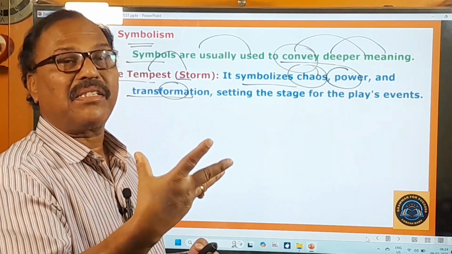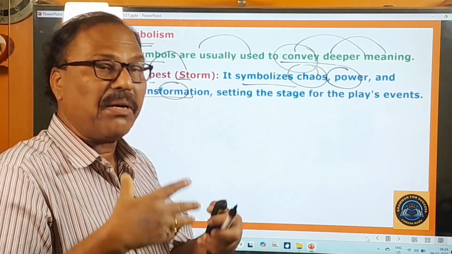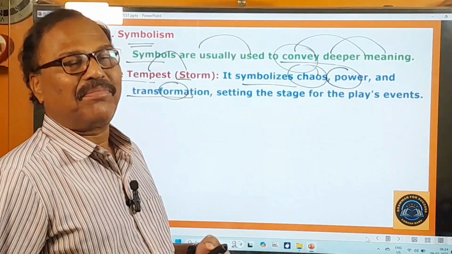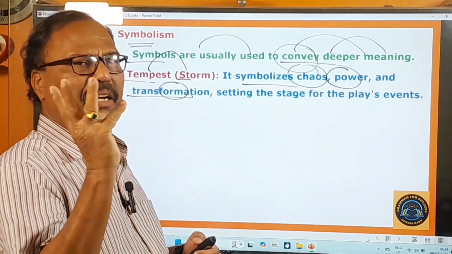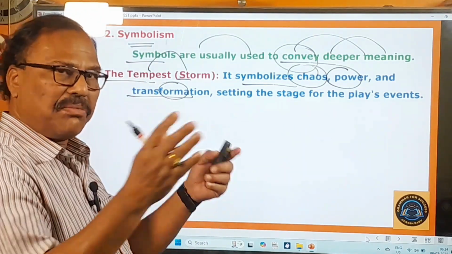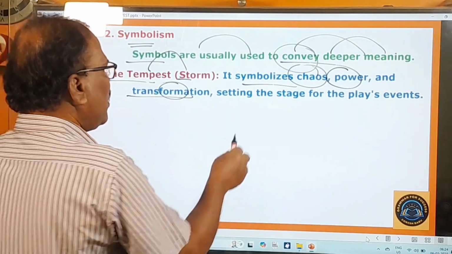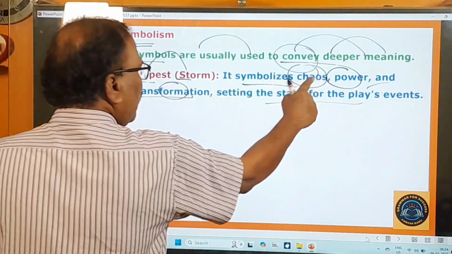He has changed, and now he has been transformed into a good man, and he has become ready to forgive them. See what a great change. The one who said he would take revenge is ready to forgive. How great the change is. That itself is called transformation, change, something like that. And setting the stage for the place events. Okay, and this tempest stands for these things.